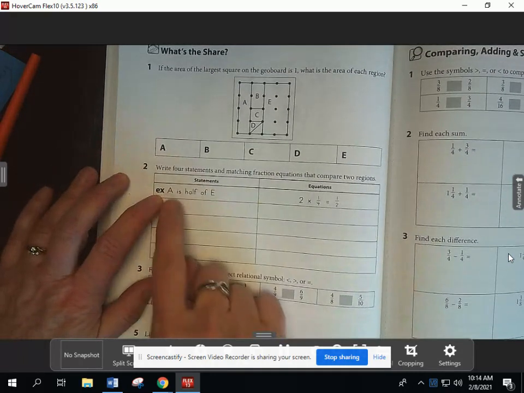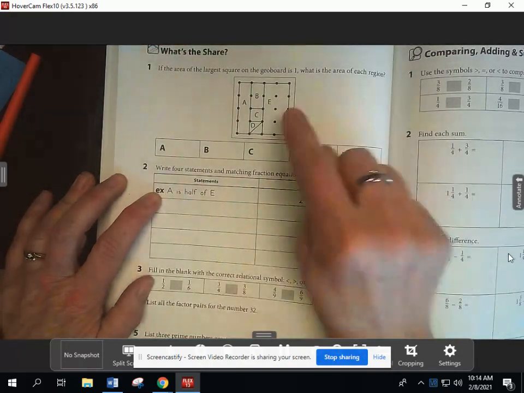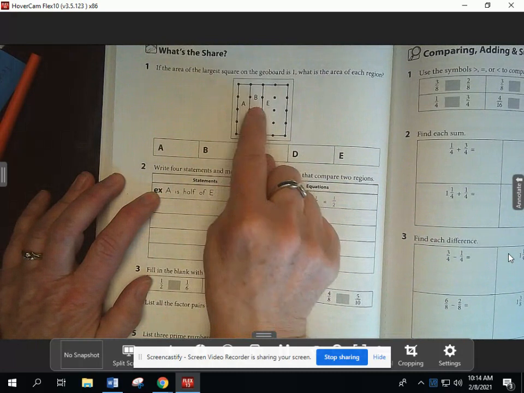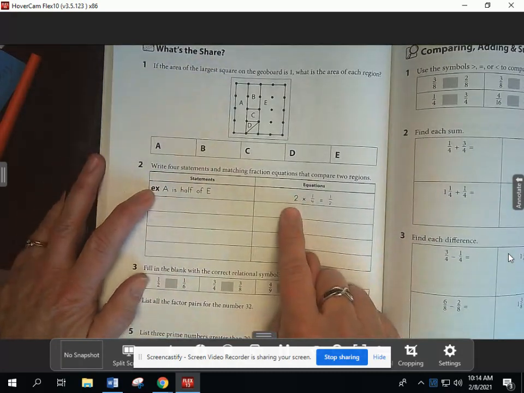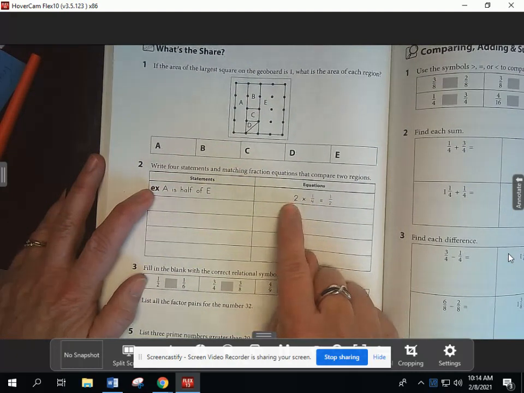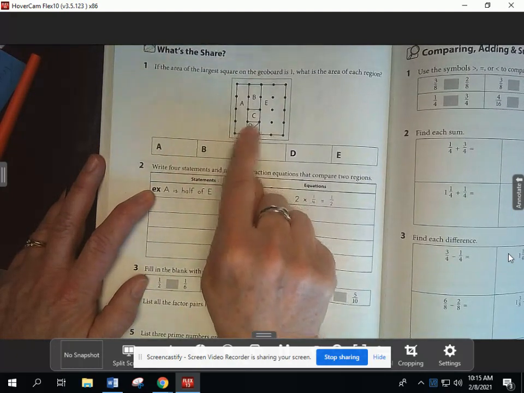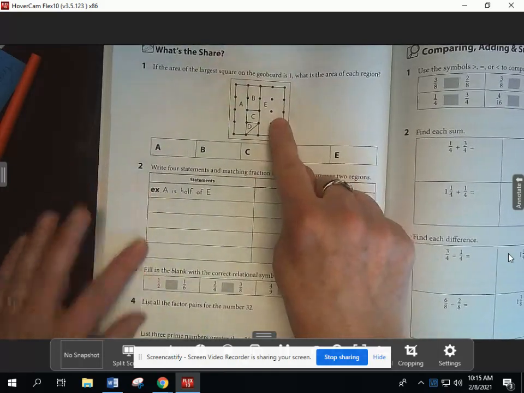Notice some examples that they're giving. A is half of E. In other words, we can have two A's that make E. The equation for it, and this we may have to do together, would be 2 times 1/4. A is 1/4. 2 times 1/4 equals 1/2.